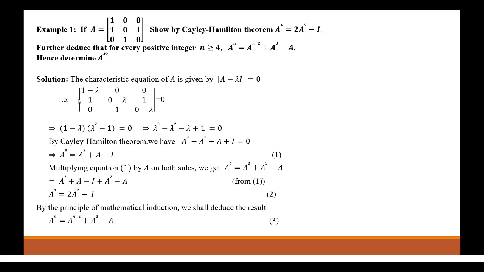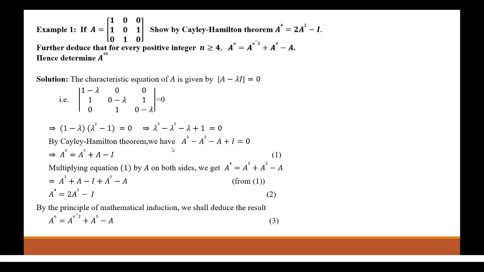In the solution, the characteristic equation of A is given by determinant of A minus lambda I is equal to 0. Then write down the determinant, then expand the determinant, we get lambda cube minus lambda square minus lambda plus 1 is equal to 0.